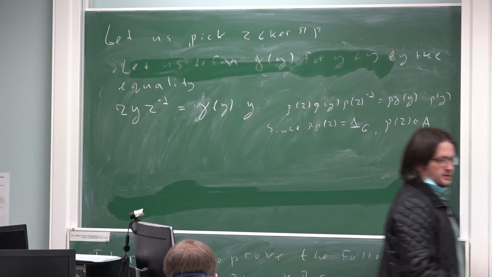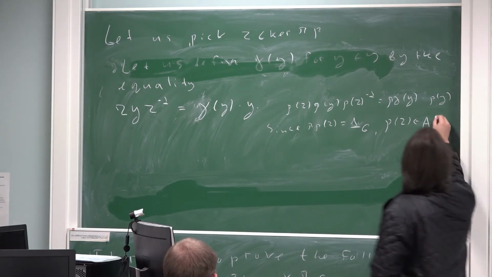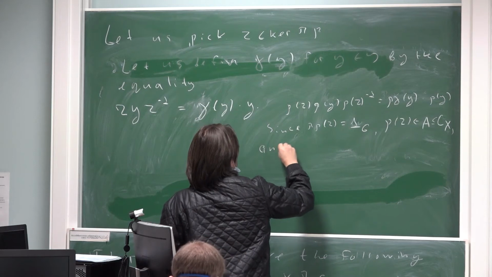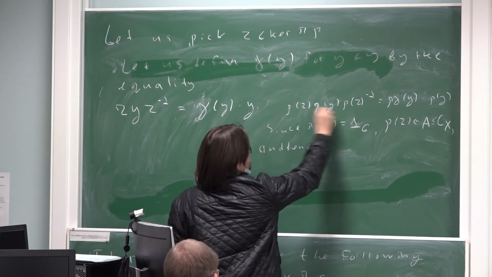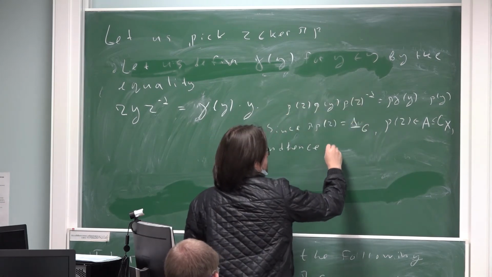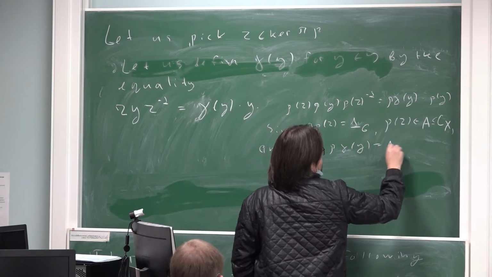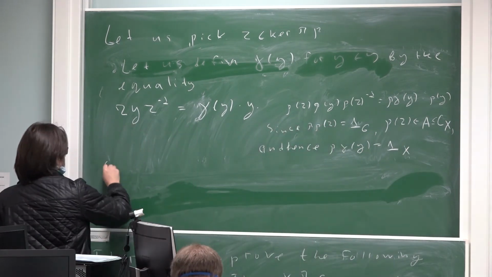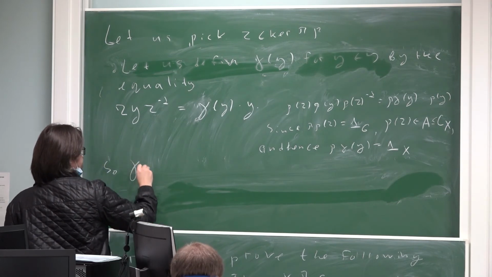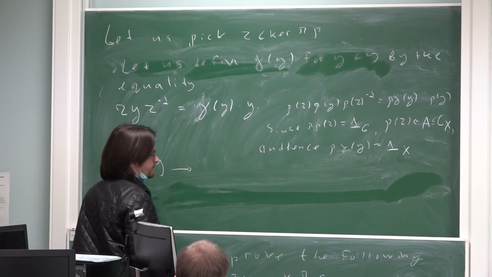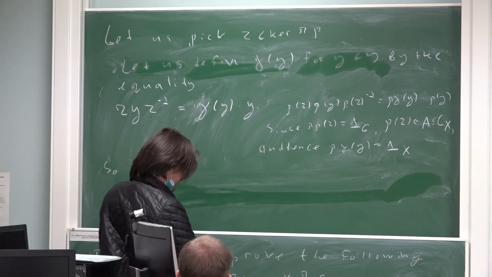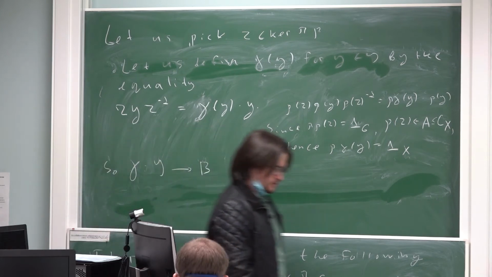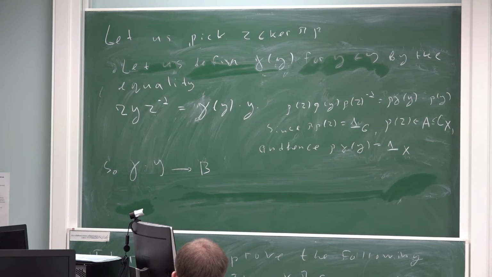So ρ of z lies in A, which is in the center of X. And hence everything commutes here, so we can cancel this and we get ρ of γ of y equals to 1_X. So γ is a map from Y to B. Yes, because γ of y lies in the kernel of ρ.